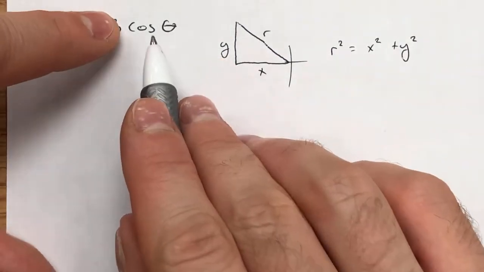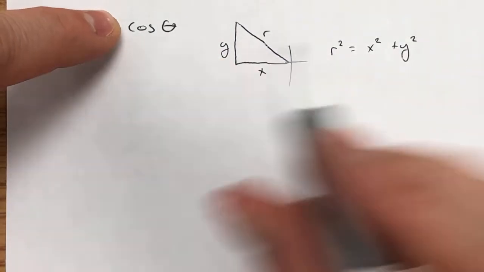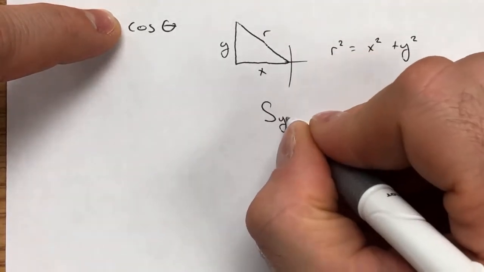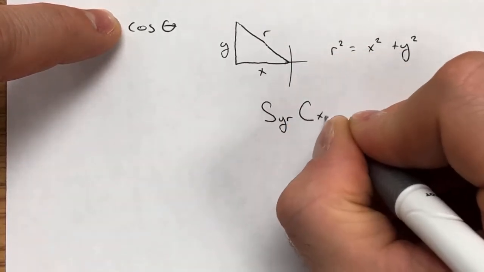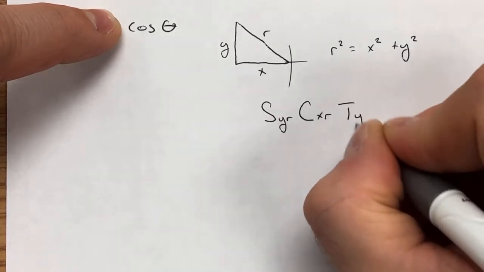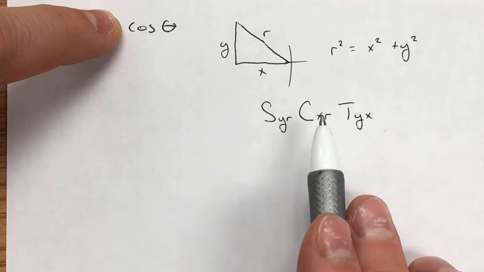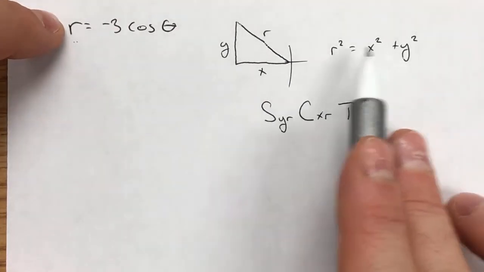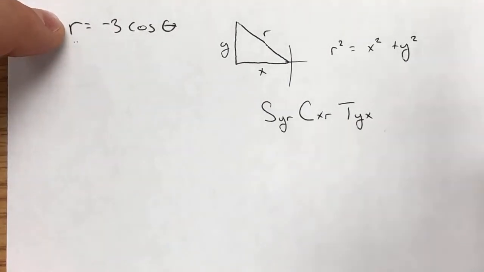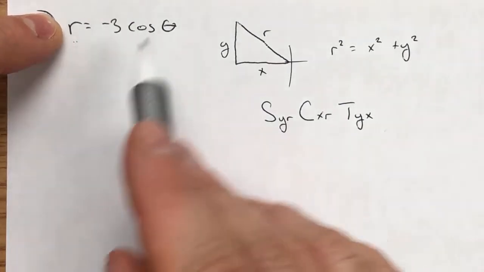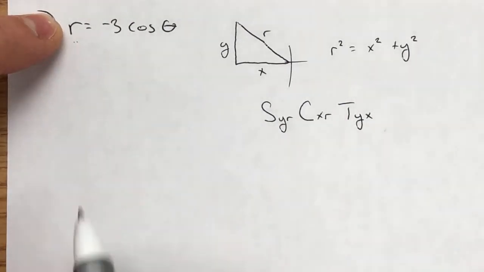Second, we remember that sines, cosines, and tangents deal with the unit circle. So sine is y divided by r, cosine is x divided by r, and tangent is y divided by x. So I can convert cosine into x's and r's, I can convert r's into x's and y's, and that's it. So we're going to go through these two maneuvers to change this back into x's and y's.